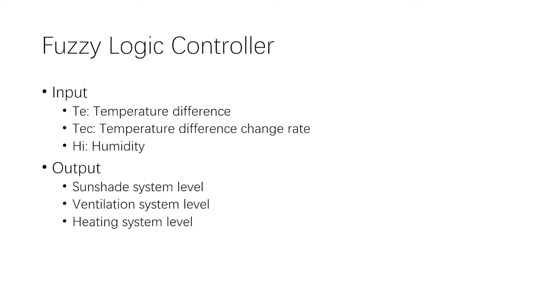And we have 3 outputs: the system levels, such as sunshade system level, ventilation system level and heating system level. So the FLC uses the inputs to get the outputs.